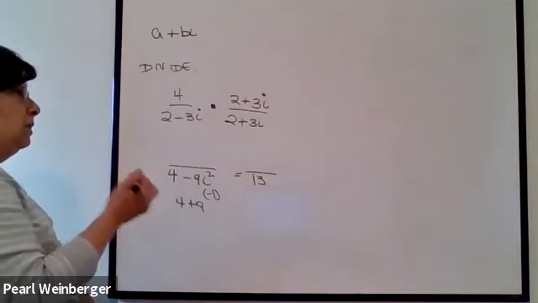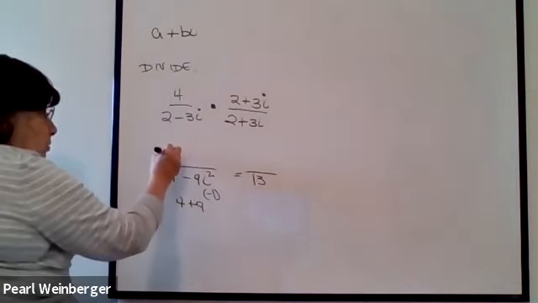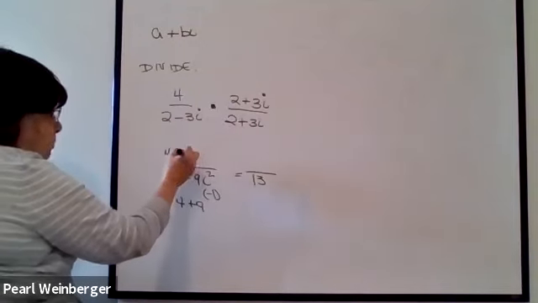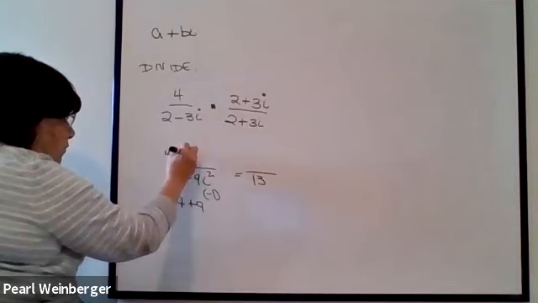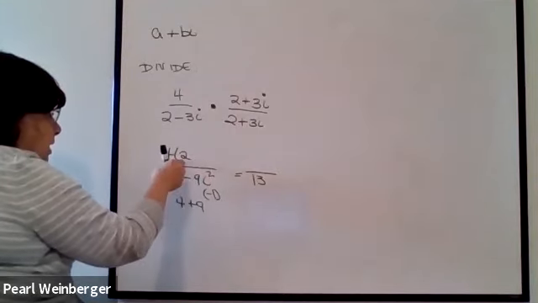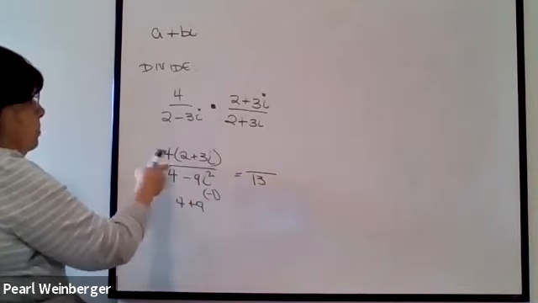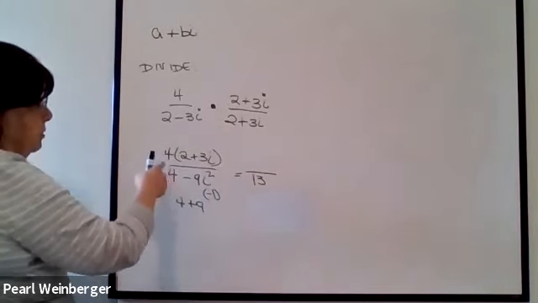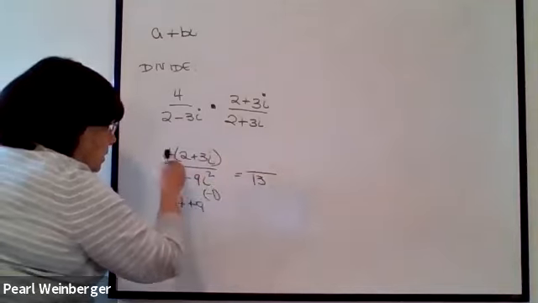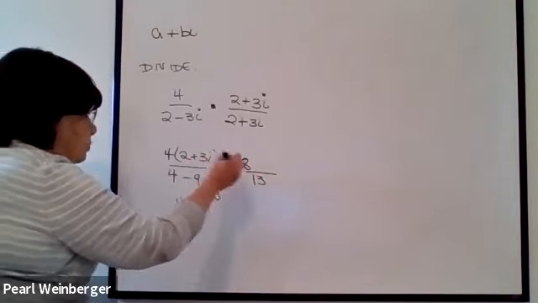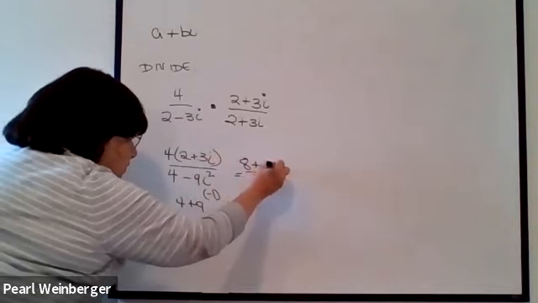So there are 2 ways I can do the numerator. I could just do what I did before, just write it in the factored form, 4 times 2 plus 3i. But most often, we remove the parentheses, we use the distributive property, and I get 4 times 2 is 8, and 4 times 3i is 12i.